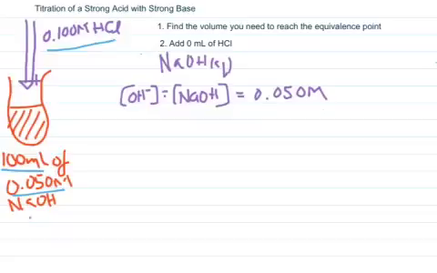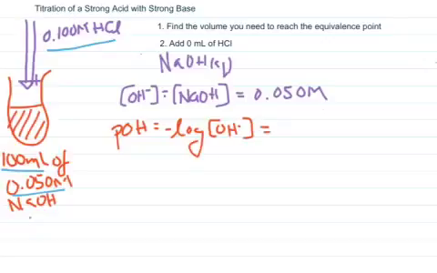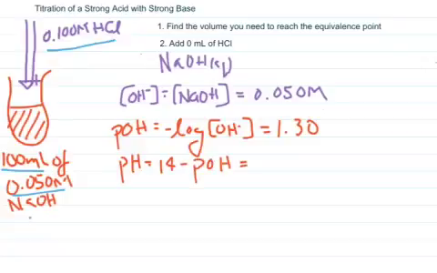So what is the pH? Well, if I have hydroxide, I can go to pOH. pOH is equal to the negative log of the hydroxide, which gives me 1.30, and my pH is equal to 14 minus pOH, which gives me 12.70.